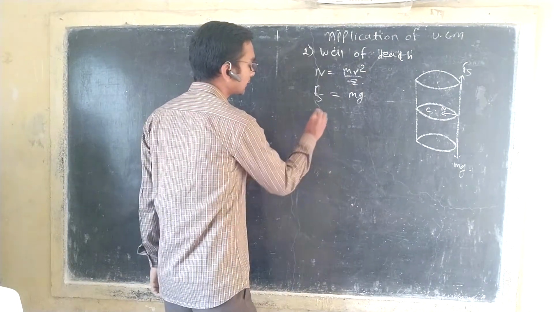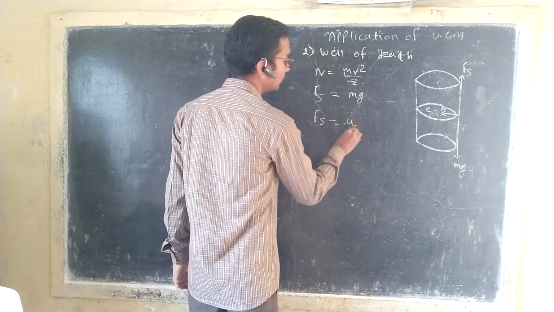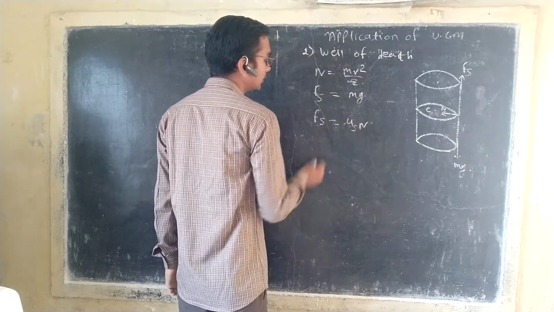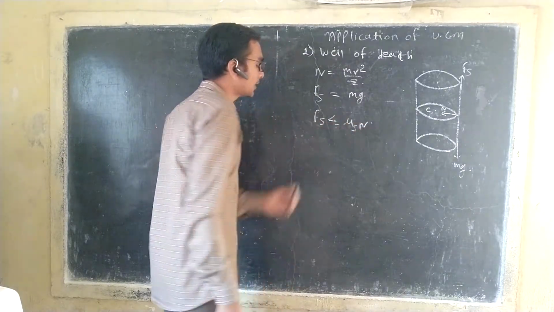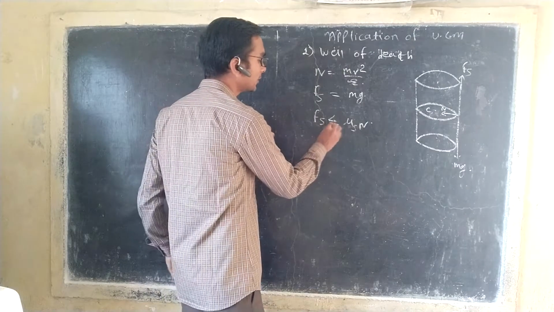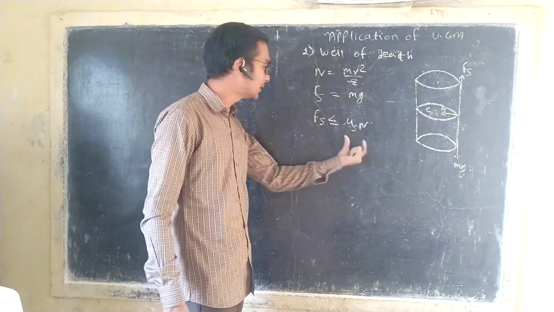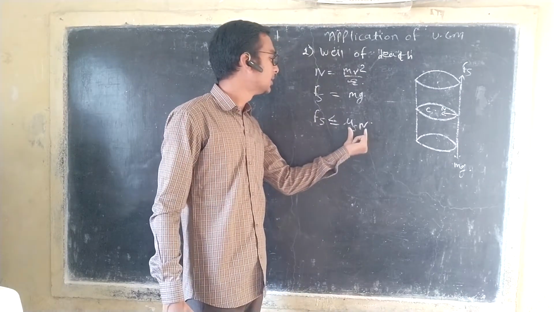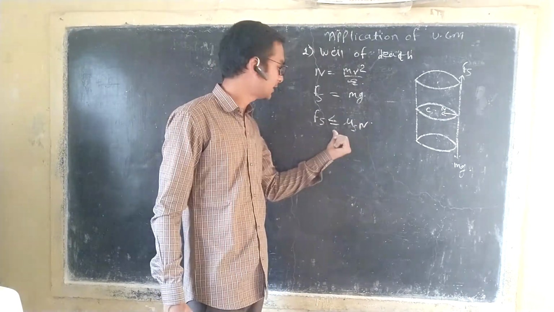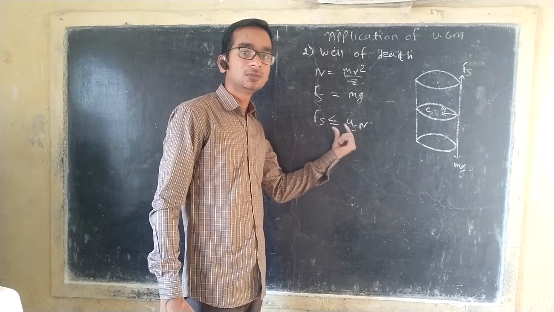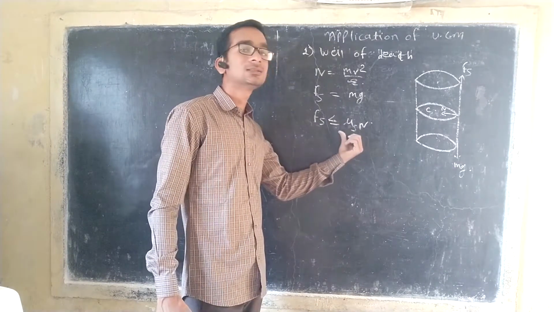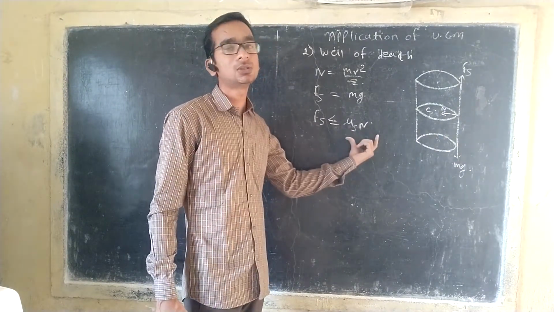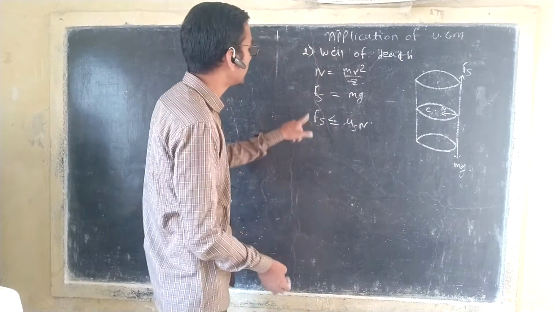Now we know that Fs equals mu s into n. This condition can be Fs less than or equal to mu s into n. Means this frictional force cannot be greater than mu s into n, but can be equal to mu s into n. Now what is Fs?